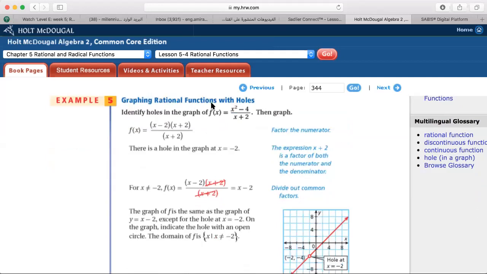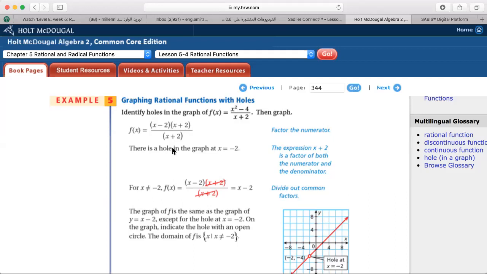Graphing rational functions with holes. Identify holes in the graph of f of x is equal to x squared minus 4 over x plus 2, then graph. The hole comes from finding the same term in the numerator and the denominator. So when I factor, x squared minus 4 is the difference between two squares, so x minus 2 times x plus 2, over x plus 2.